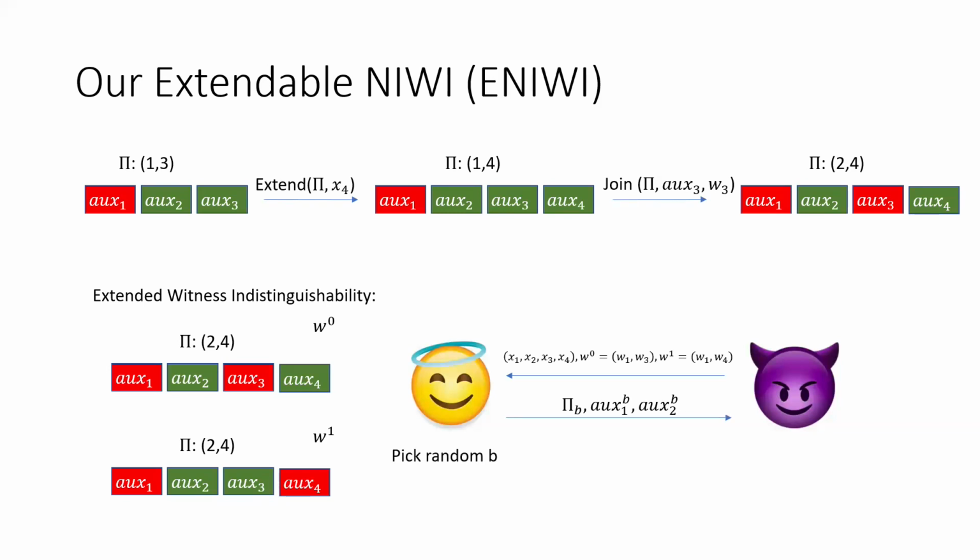The auxiliary values that are being sent are not all of them, but in this case are auxiliary values number 1 and 2, that basically are the auxiliary values with the same color. So intuitively, these auxiliary values should just tell if a witness was used or not. So they shouldn't tell anything more. So in this case, this shouldn't help the adversary.